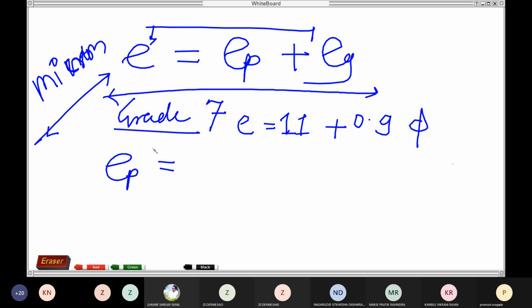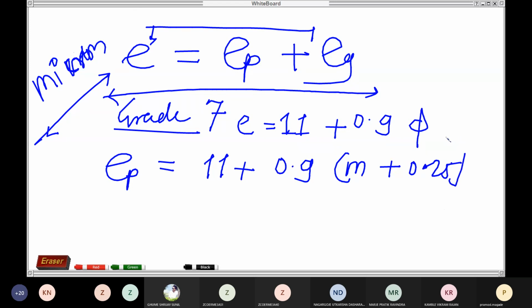Error in pinion is equal to 11 plus 0.9 in terms of phi, which is nothing but the tolerance factor, m plus 0.25 times under root d. So this will be the error, but I have written here for pinion, so I will have to write here also pinion dp.